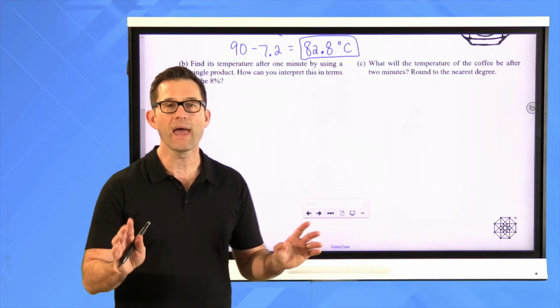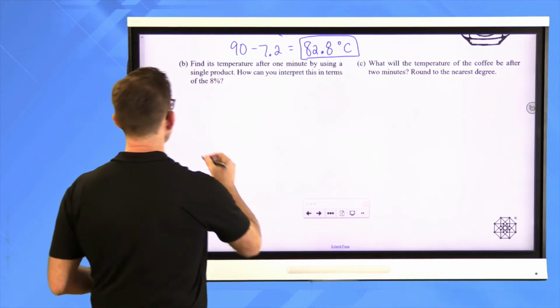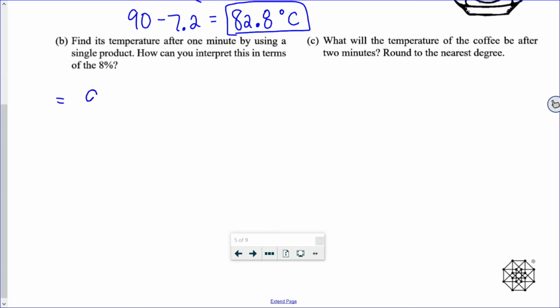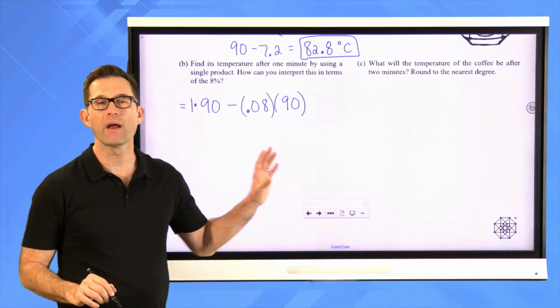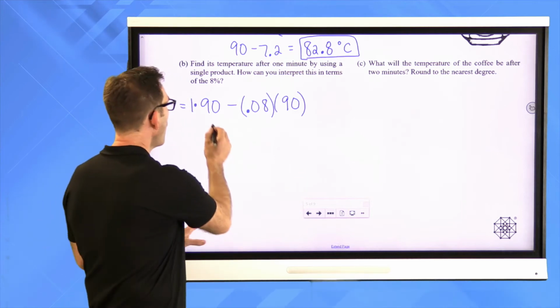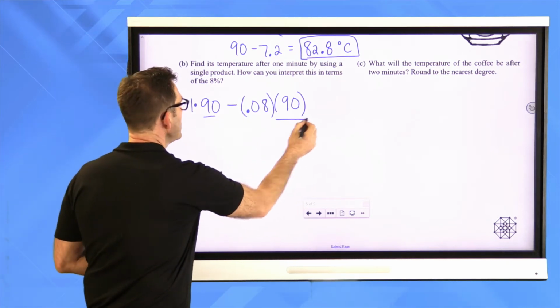Okay, so again, just like before, let's take a look at the actual calculation. What I really did is I took my 90 degrees and I subtracted off 0.08 times 90. Now, like before, I'm going to think about that 90 as 1 times 90. So I've got 1 times 90 and 0.08 times 90.